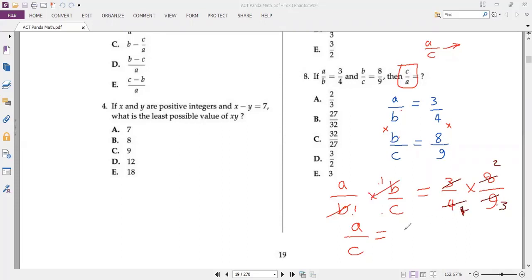So we have 2 over 3. He asked about C over A, the reciprocal. So we can make it reciprocal. Yes, C over A, just flip it: 3 over 2. We have option D, the right option.